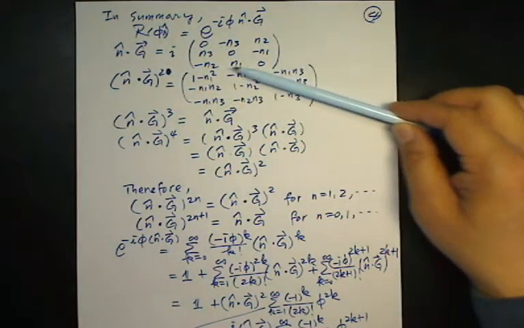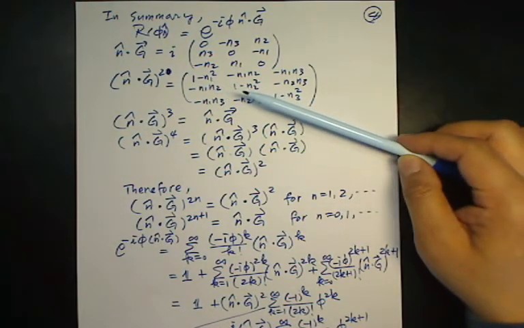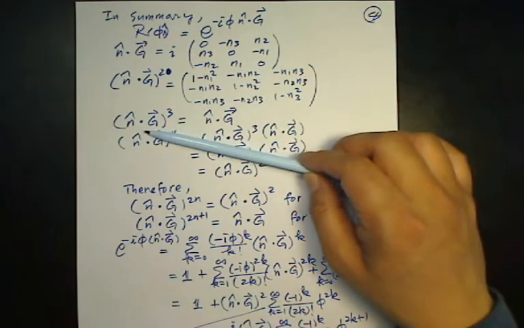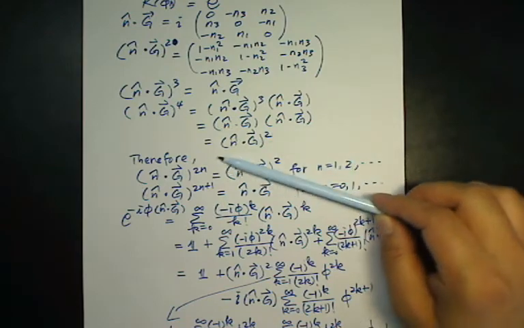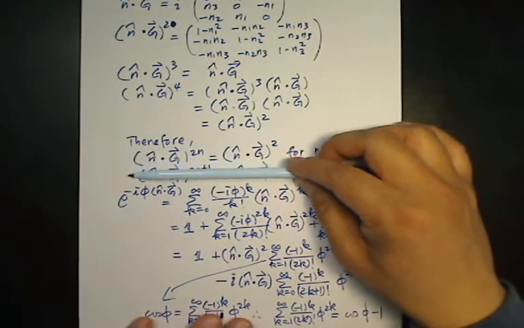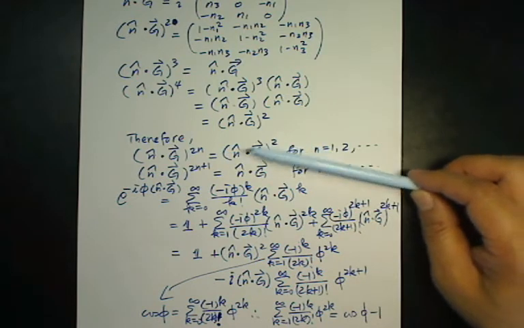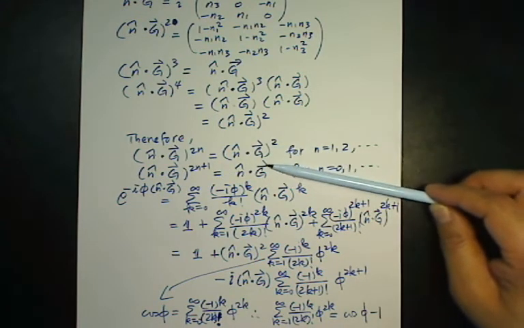The squared one is of this form. The squared one is symmetric, and the single power is anti-symmetric. Everything can be obtained as all even powers and all odd powers. They have this kind of contribution.